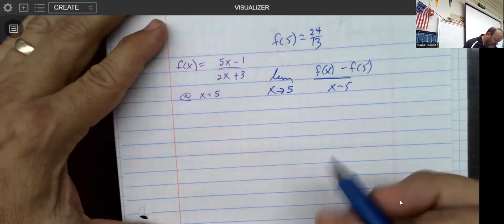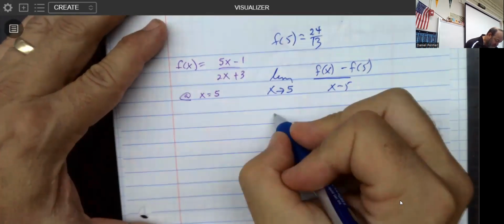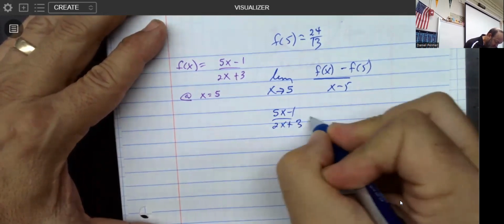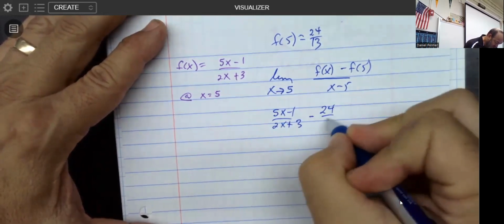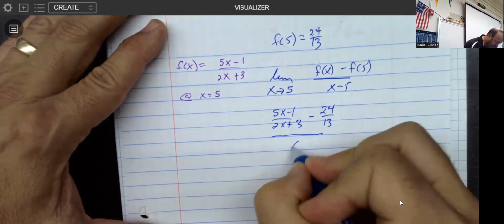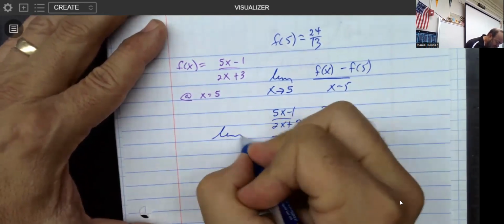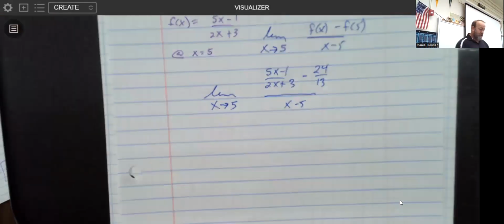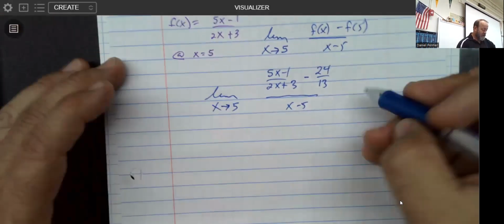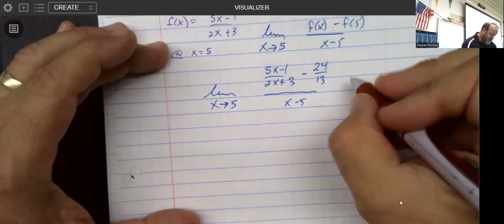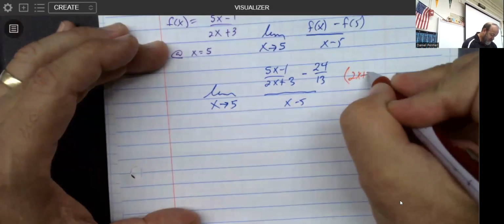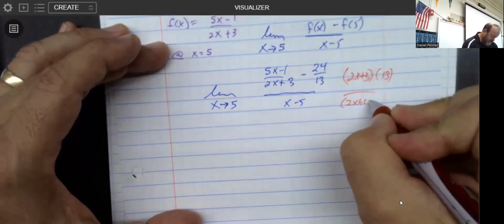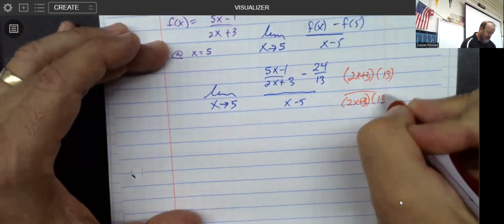What we're going to do is take f of x, which is the original problem as it states, minus 24/13, all over x minus 5, and we're going to take the limit as x goes to 5. Now, of course, we want to do our nice little fraction buster. So I'm going to hit the top with a 2x plus 3 and a 13. I'm going to hit the bottom with a 2x plus 3 and a 13.